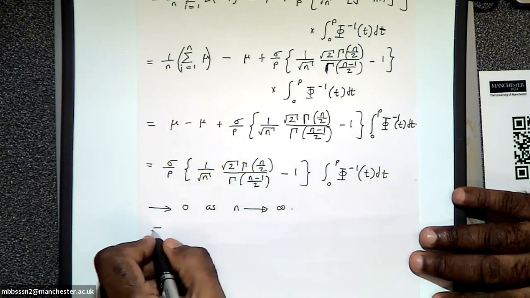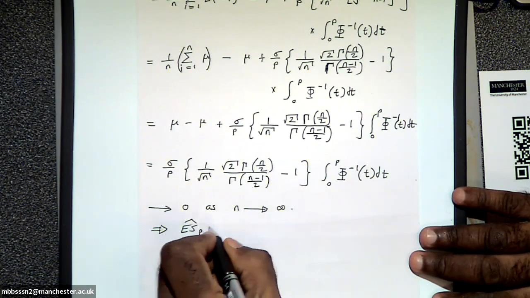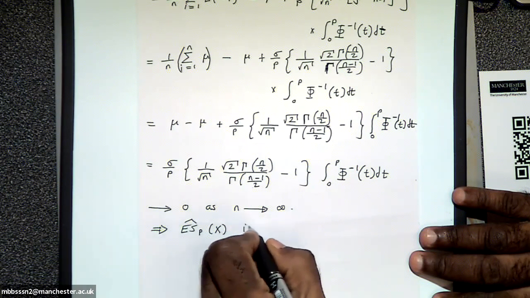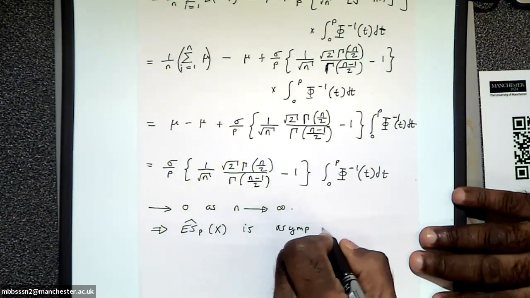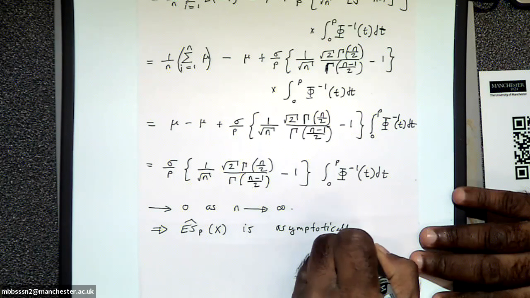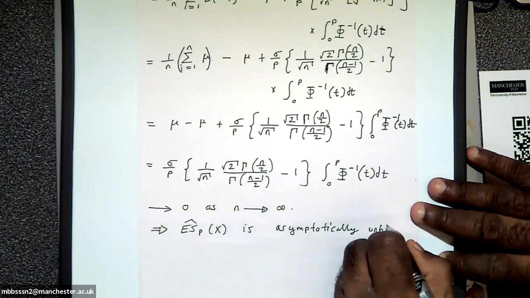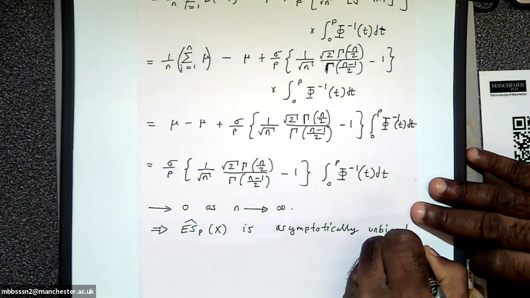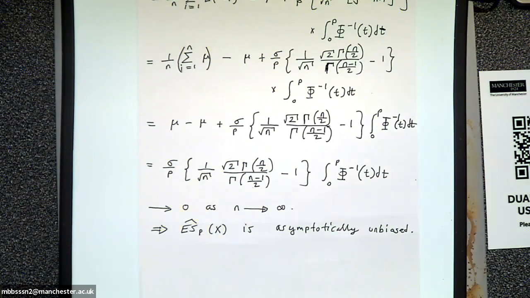Which implies that the estimator is asymptotically unbiased. Okay. Right. Now that's only one part of the question.